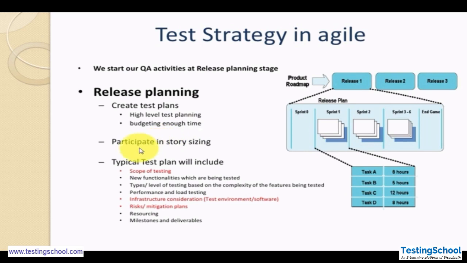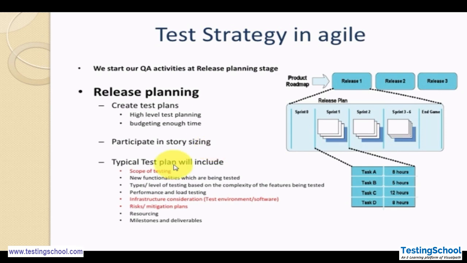We participate in story sizing because in the agile model we work on the sprint model. Inside that sprint we have user stories. So in the planning meeting we participate and give points to the user stories. So it means in the release planning we have story sizing also.